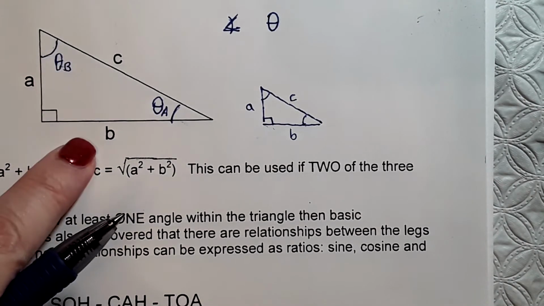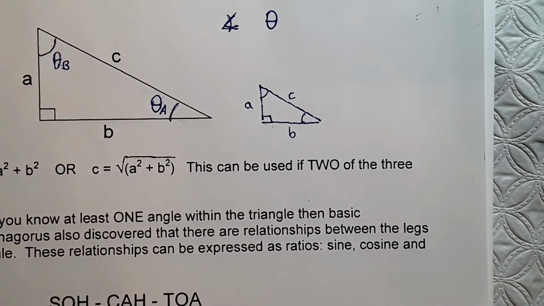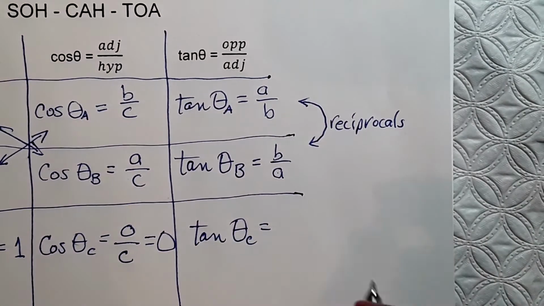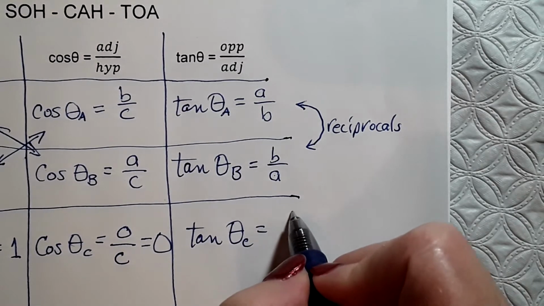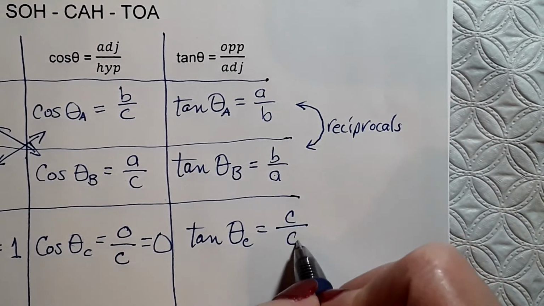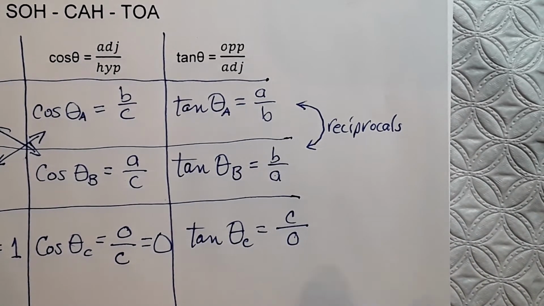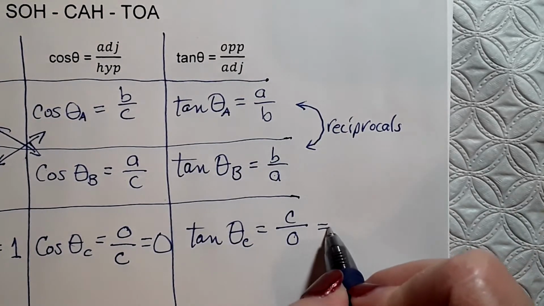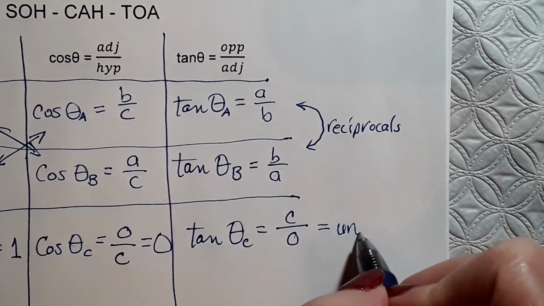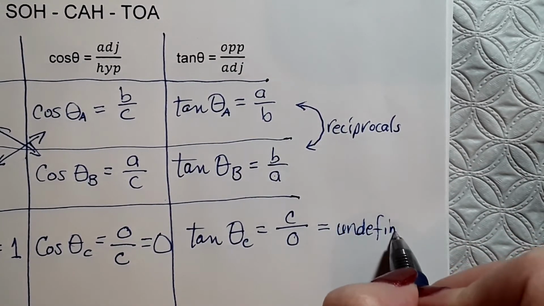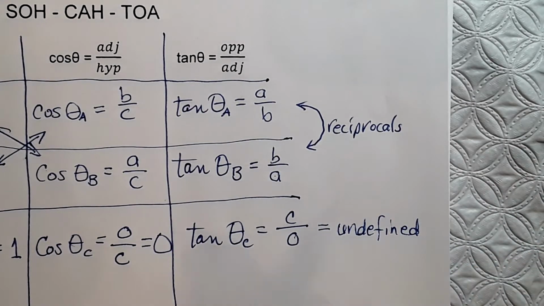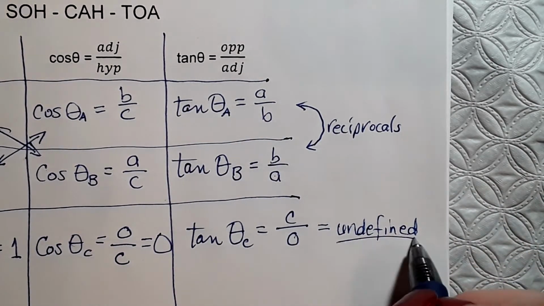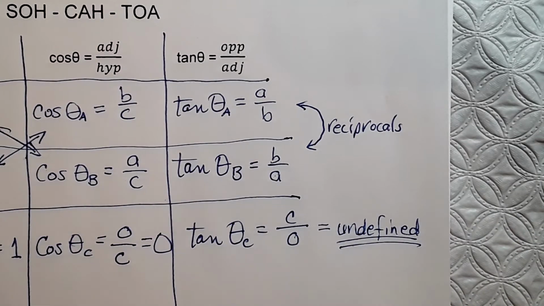We cannot pick one or the other, and we can't use both. So when it comes to the tangent, we get opposite over nothing. And what happens when you take a number and divide it by 0? Oh, it's undefined. And if you try to take the tangent of a 90-degree angle in your calculator, it gives you an error message.